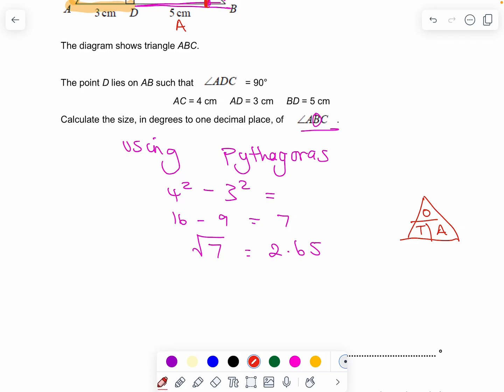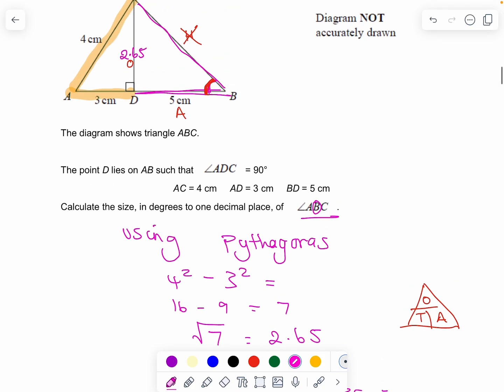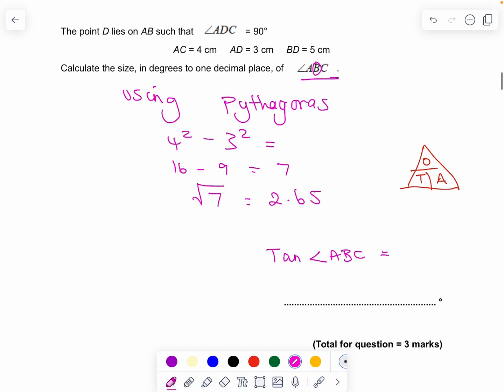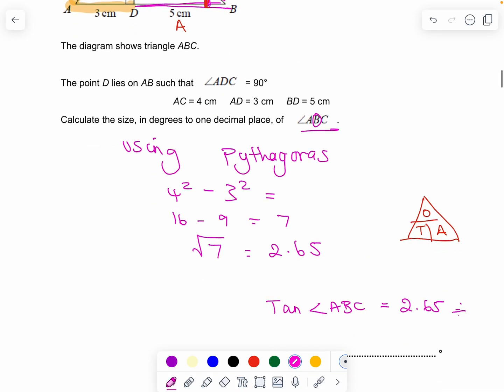If I cover up the angle, it's telling me that the tan of the angle is opposite divided by adjacent. So I've got tan of angle ABC is opposite, which is 2.65, divided by the adjacent, which is 5.